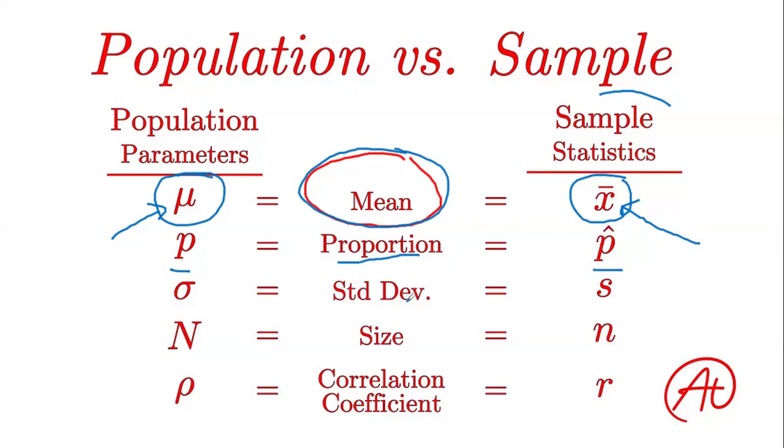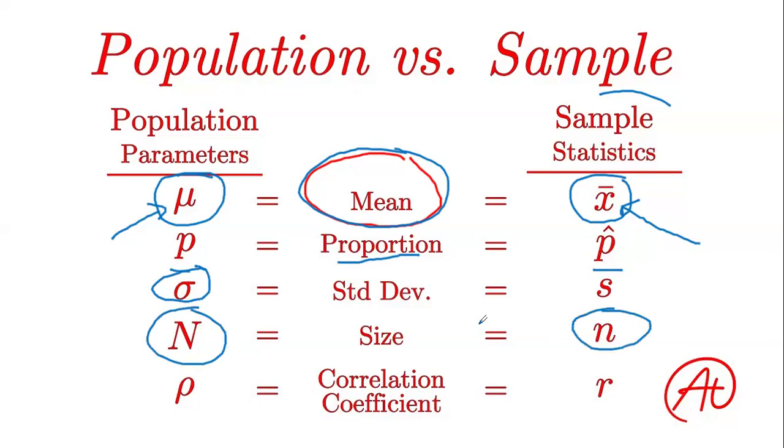Then standard deviation, I'll use sigma. And if it's under the sample, I'll just use S. If I'm talking about the size of a population, I'll use capital letter N, and the size of a sample is just small letter n. So you have to take note of those differences. Don't mix them.